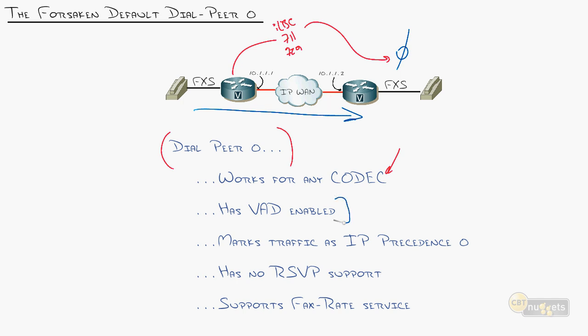It has VAD enabled. Now we start getting into some of the drawbacks. And you can't change this setting. It's the default setting. It has VAD enabled, which stands for Voice Activity Detection, which says if you stop speaking, meaning let's say this person is silent, they're not speaking, I'm not going to send bandwidth. You might say, well, isn't that good? Well, yeah, most of the time, but sometimes people don't like VAD.